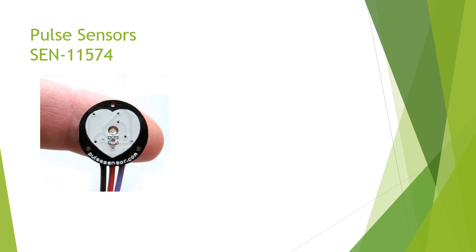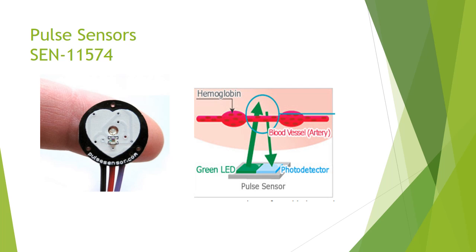In that transmission type pulse sensor we will use an infrared sensor, and that sensor will see the blood levels in your body. Your blood is pumped from your heart, and that pumped blood comes to your vein, and the vein will bulge like this. If you see here, there will be a bulge. These two are your pumped bloods, and in between it is lubbed. Lub and dub are the two sounds of your heartbeat.